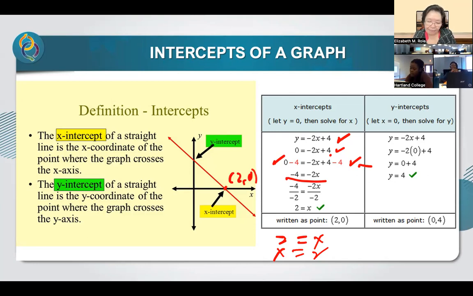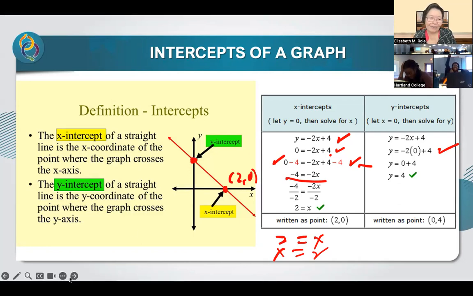And so just the same, to solve for the y-intercept, let x be equal to 0. So if x is equal to 0, y is equal to minus 2 times 0, which is 0, plus 4. So your y-intercept is (0, 4). Yeah, but you can make that in the Cartesian coordinate axis. And so knowing 2 points, you just connect and you'll be able to get the graph.